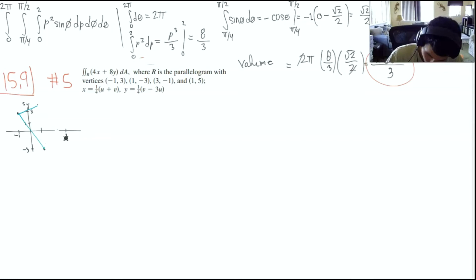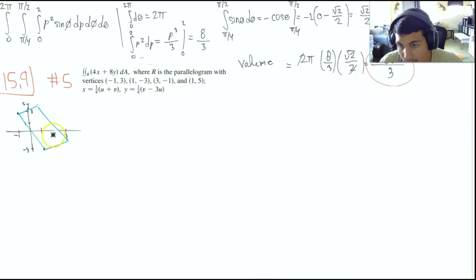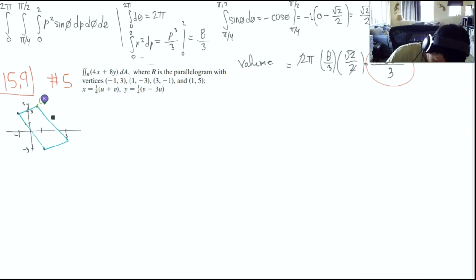We want 3, negative 1, which is about here. Okay, so here are our points. This is what it should look like, right? And I'll write 1, 5 here, just so we know. And this is 3, negative 1.